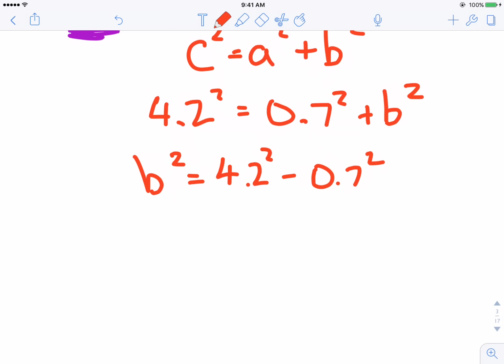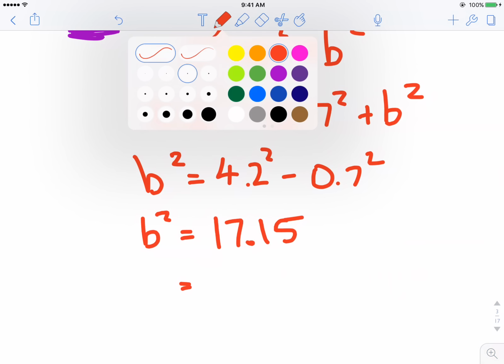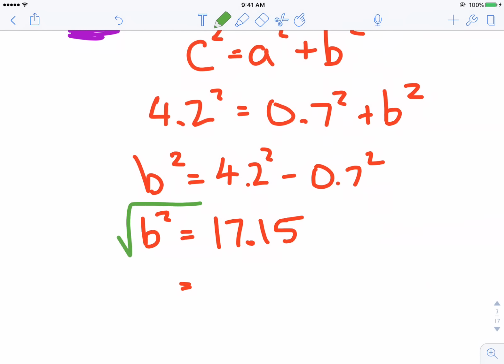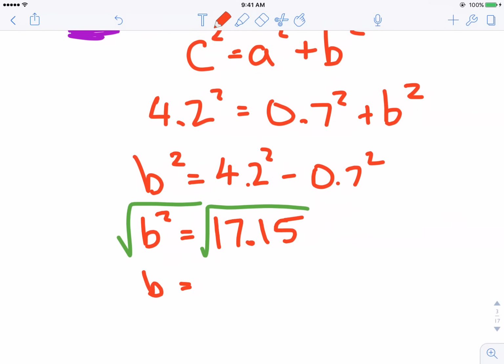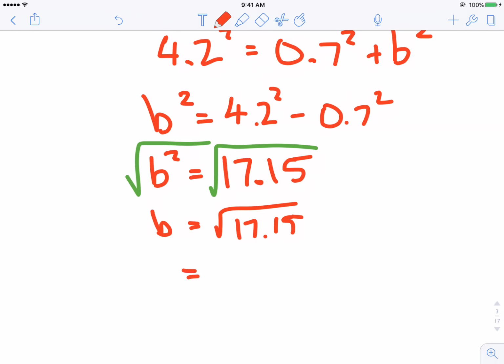Start punching that into your handy dandy calculator. Well, 4.2 squared minus 0.7 squared. I don't have the intermediate steps done, but I have this being 17.15, which then I need to take the square root of, in order to get B to be the square root of 17.15, which is equal to 4.1412558.